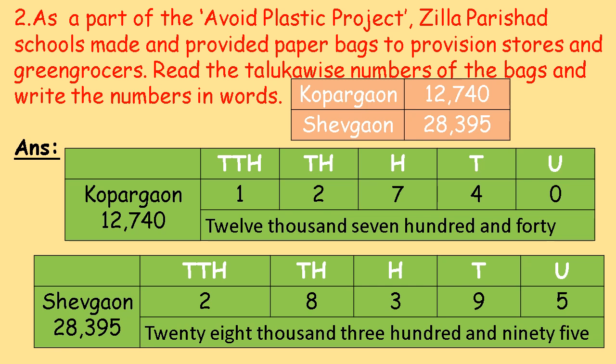Therefore, the number can be written as 12,740. The number of paper bags made in Shevgaon is also a 5-digit number and it can be written as 28,395.